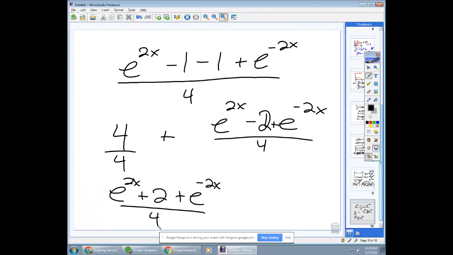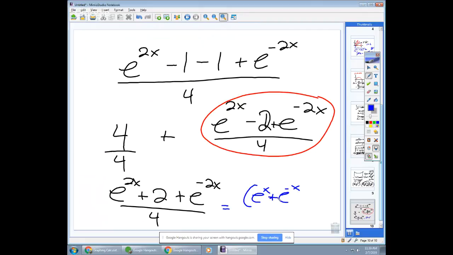The square of my derivative is just this right here, and adding 1 just replaced the negative 2 with a positive 2. So based on that observation, I think this is equal to e to the x plus e to the negative x times e to the x plus e to the negative x, all over 4.